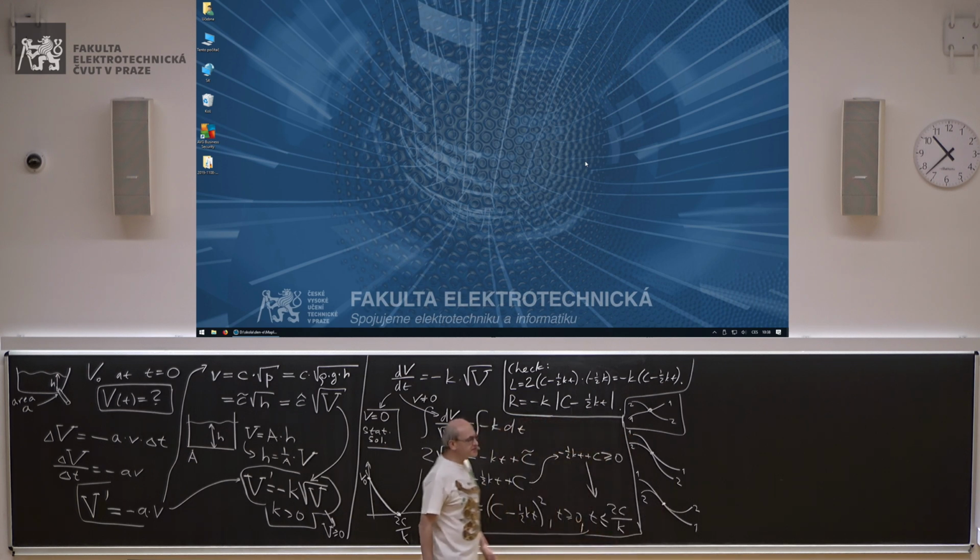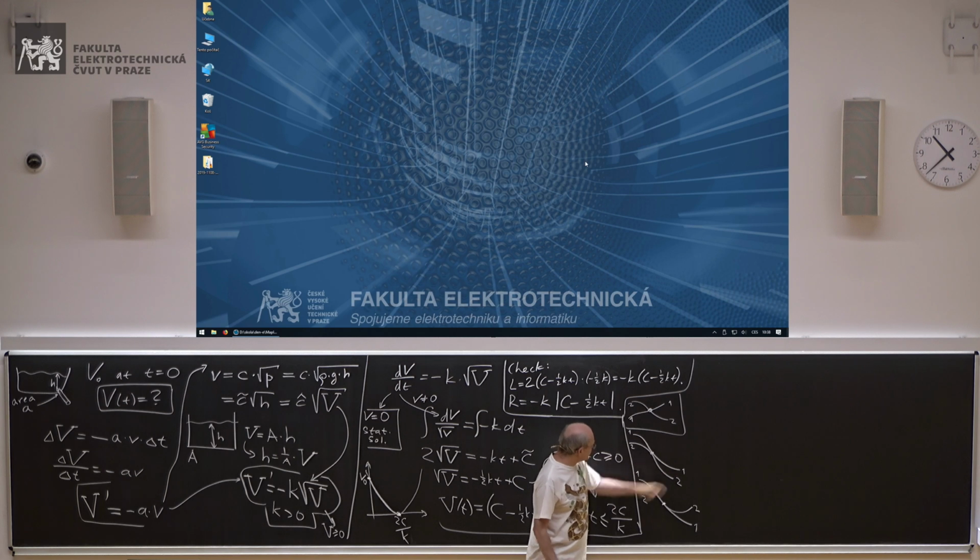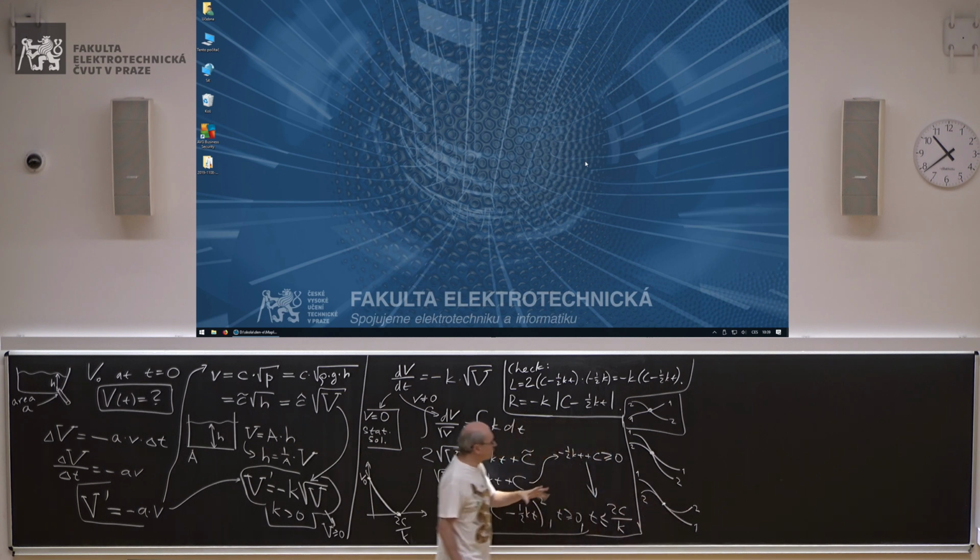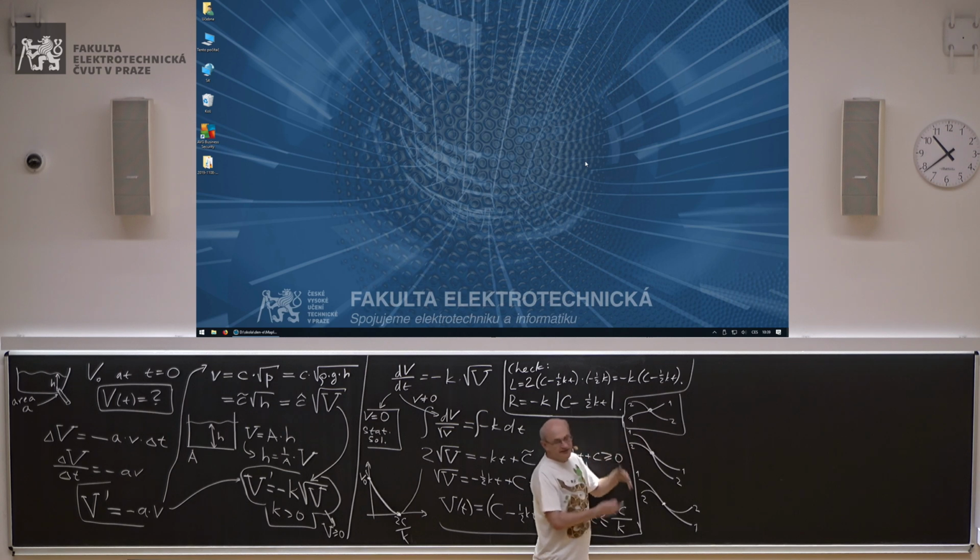And when this happens, then you're actually allowed to jump from one solution to another. Okay, they should merge here. They should go through the same point. So you could start here, and you can choose in which way you continue. And the same here. You start, and here you can choose the branch. And this is what's called gluing solutions. You have segments of solutions, and you can glue them together in any way you want.